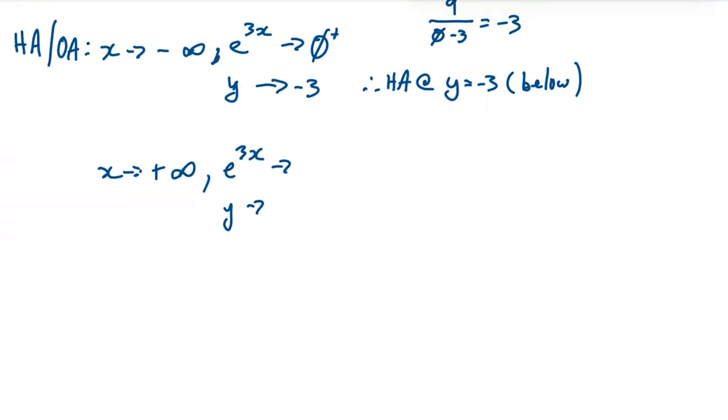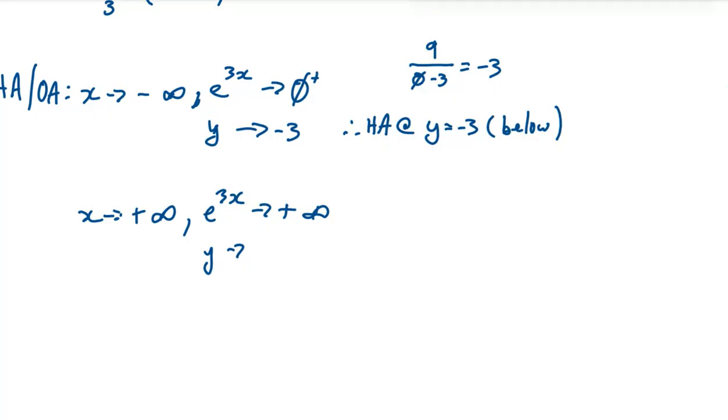Okay, and as x goes to positive infinity, e to the 3x goes to positive infinity. But what do you have to consider? Yeah, it's in the denominator.